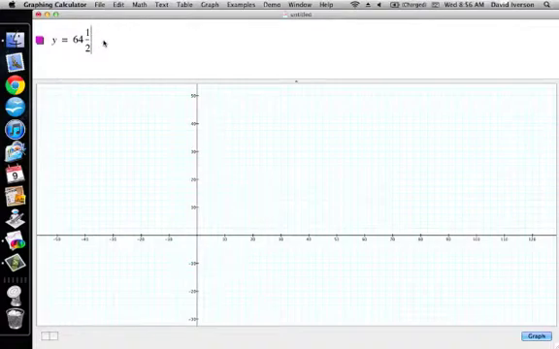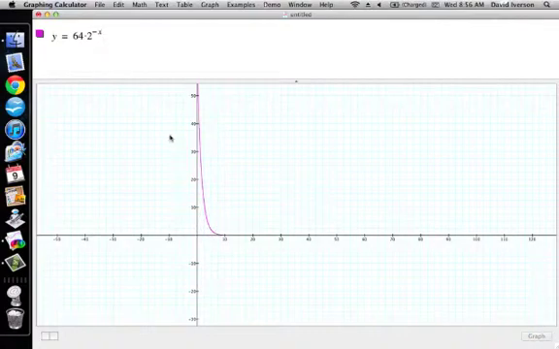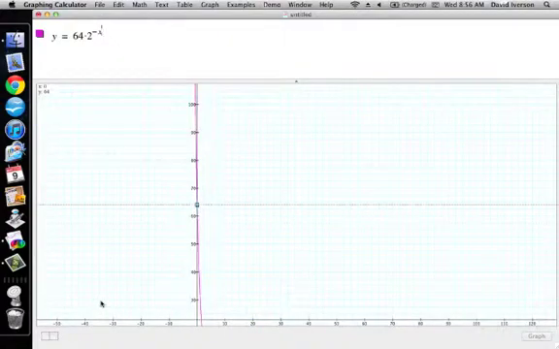But I could also just say that instead of cutting it in half, we're going to multiply it by 2 to the negative x. And so here is my basketball tournament. When I start off at x equals 0, I've got 64 teams.